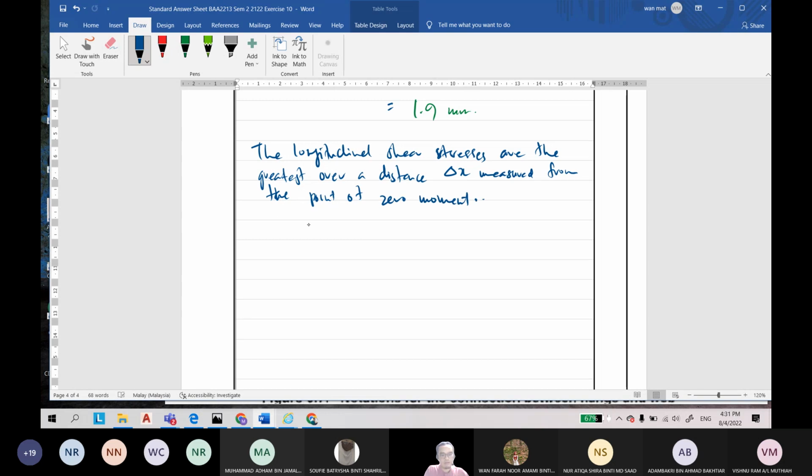So delta x is equal to 0.5 L over 2, equal to 0.5 times 6 over 2, equal to 1.5 meter, or 1,500 mm.